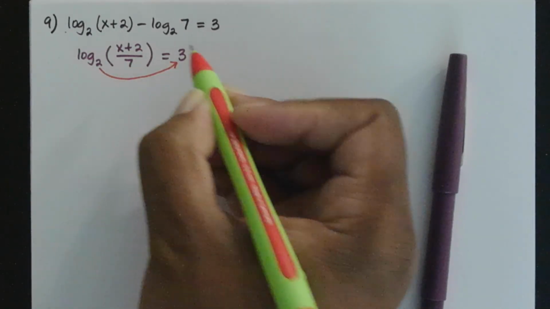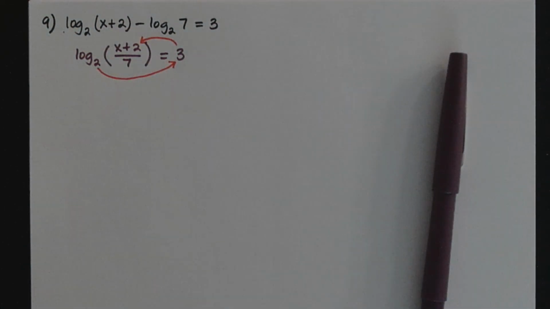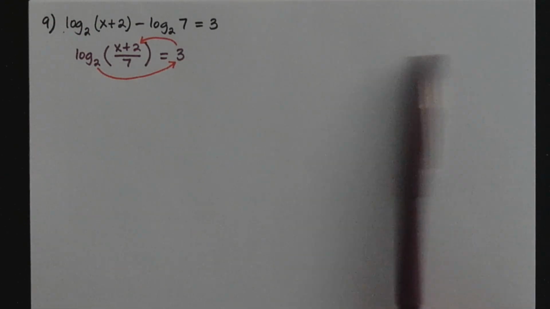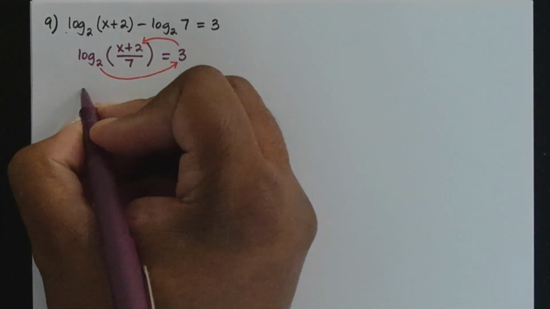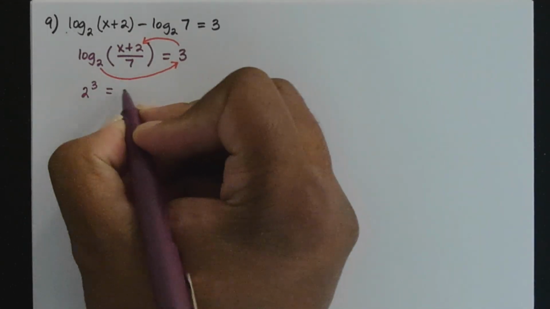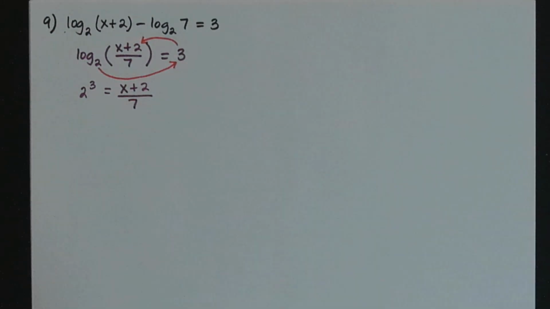This 3 will be the exponent for the 2, and then that's going to be equal to the argument x plus 2 divided by 7. So in exponential form, it'll be 2 to the third equals x plus 2 divided by 7. And then we solve this equation for x. Well, let's simplify 2 to the third. What would that be?